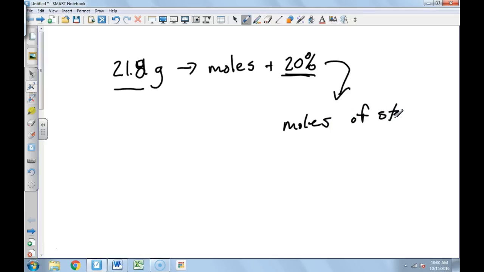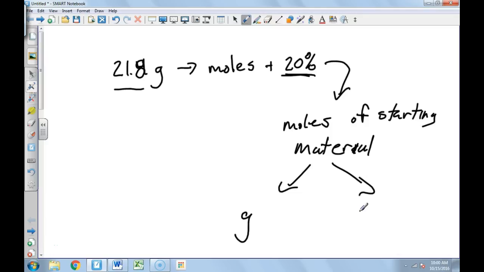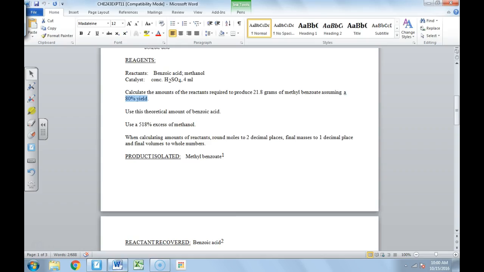and then you can get how many moles of starting material or reactants, and then you can get grams if it's the benzoic acid, or you can get the milliliters if it's the methanol. And notice it says use a 518% excess of methanol.